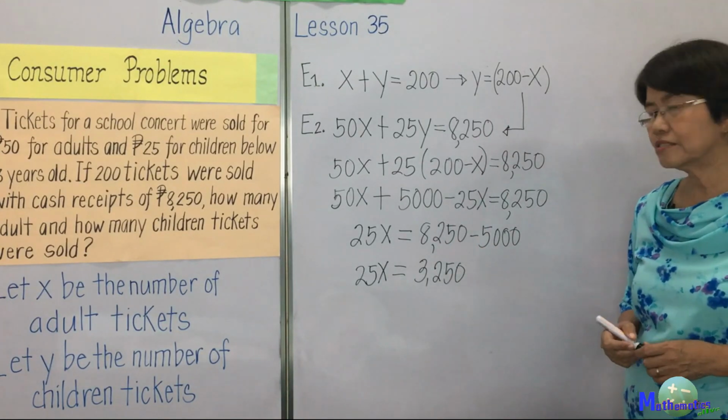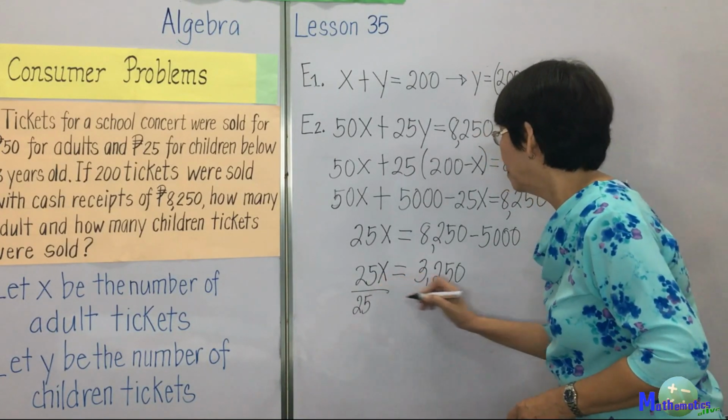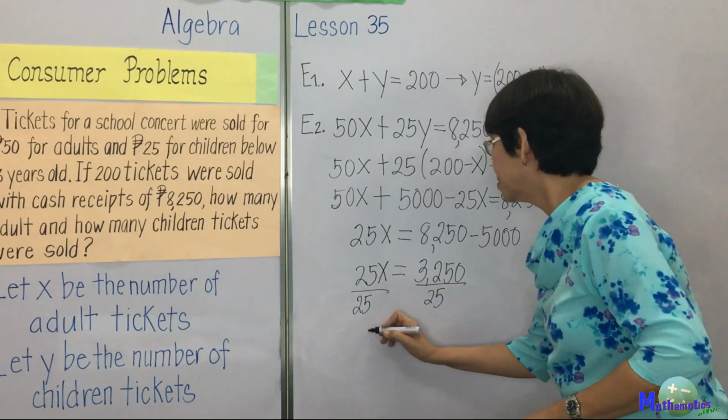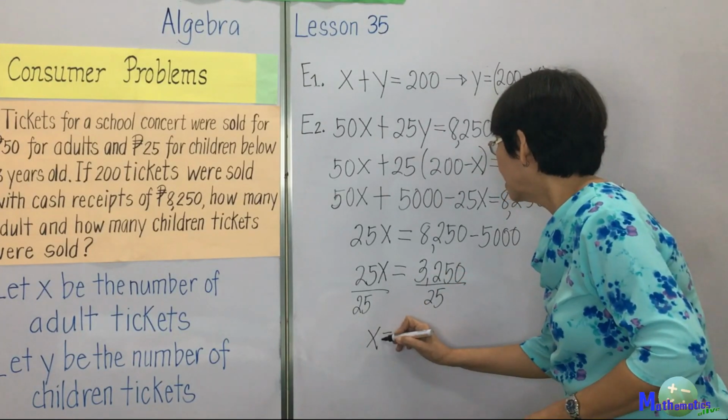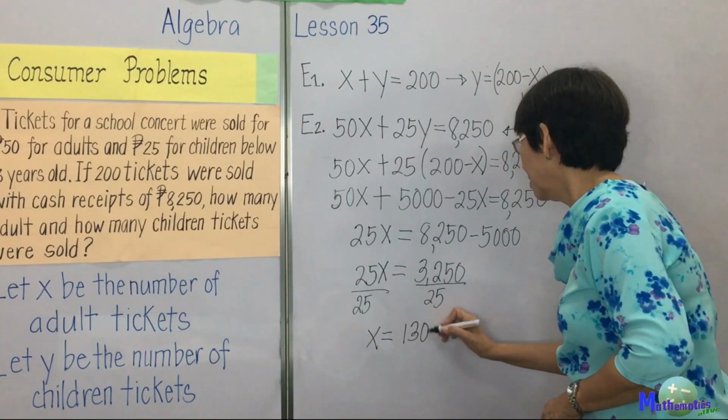Then divide both sides by 25. So x is equal to 130.